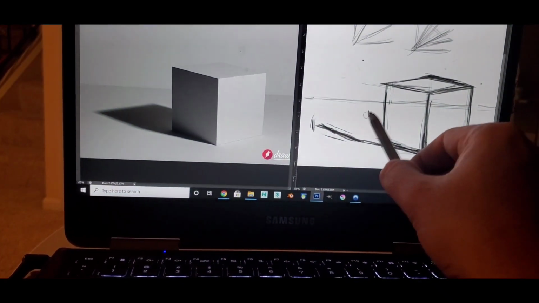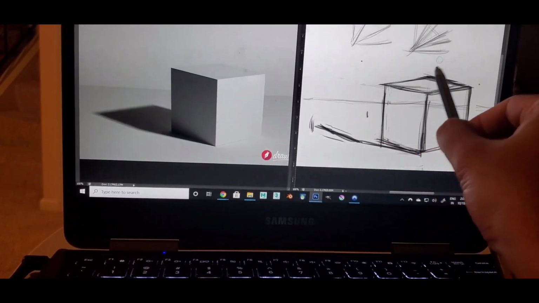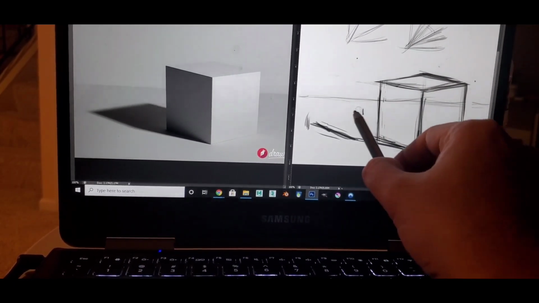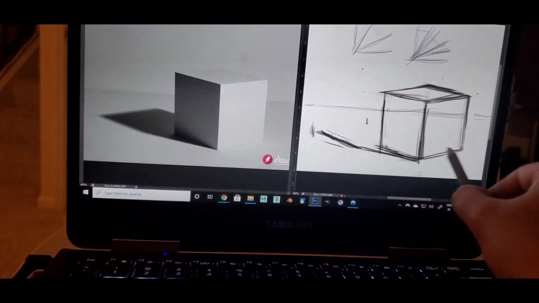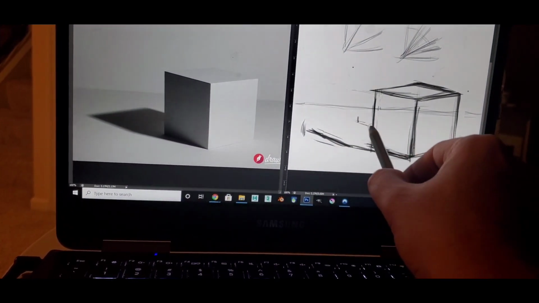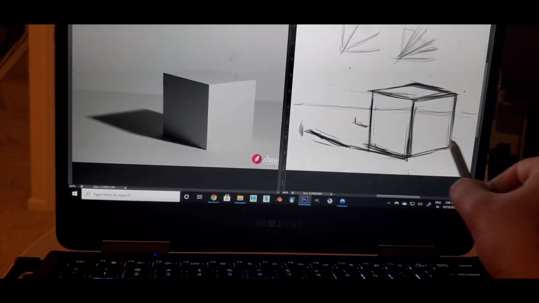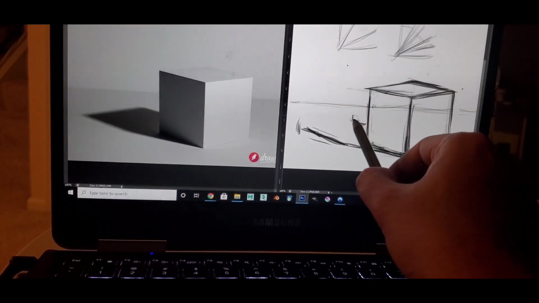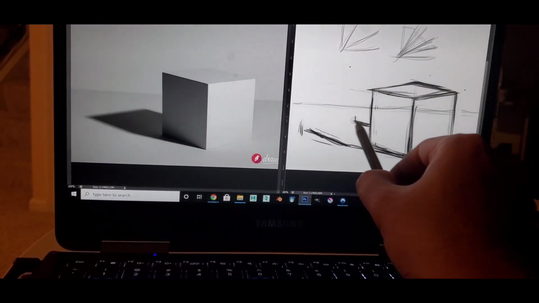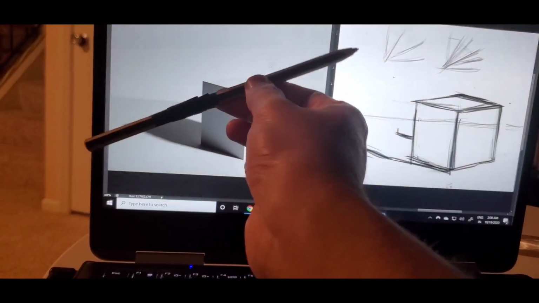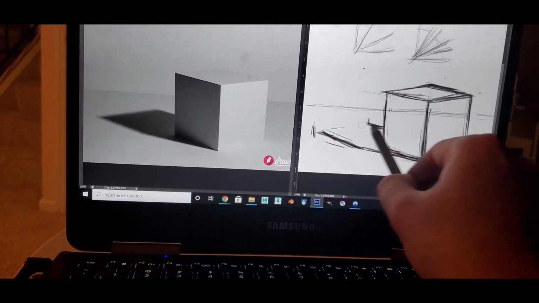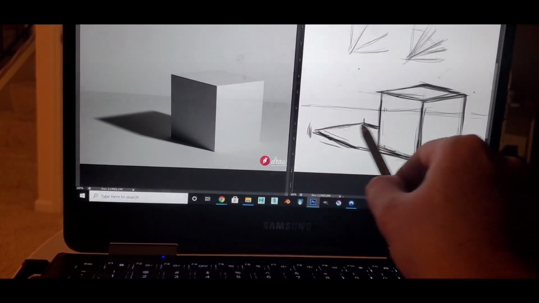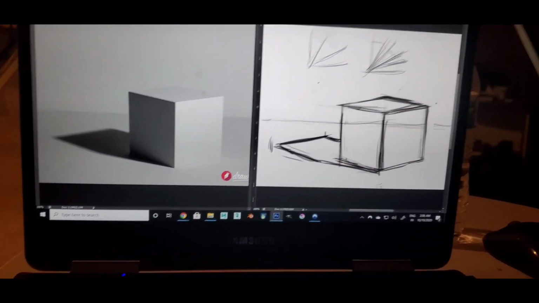Okay, so see, this edge belongs to this edge, so we'll make a line, see if this goes properly. Yeah, close this angle over here.